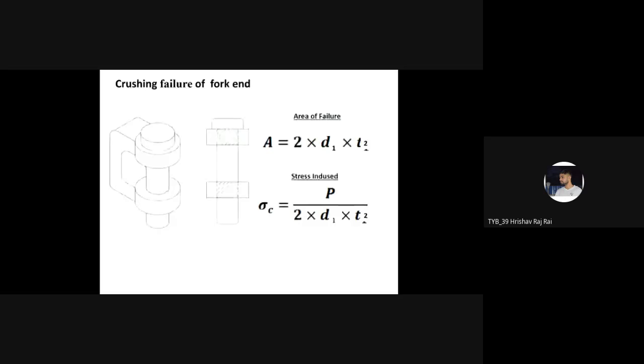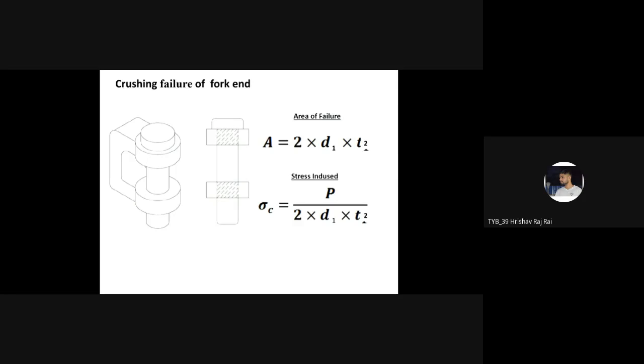Now, as we have checked all possibilities, that is tension and shear, we have to check the possibility of crushing also, as we have seen in the case of single eye. In the case of double eye also, the crushing will take place. And that crushing area, though it is circular, we are going to consider as a straight, rectangular area, and we have to calculate that rectangular area. This rectangular area naturally we will multiply by 2 because two eyes are there.